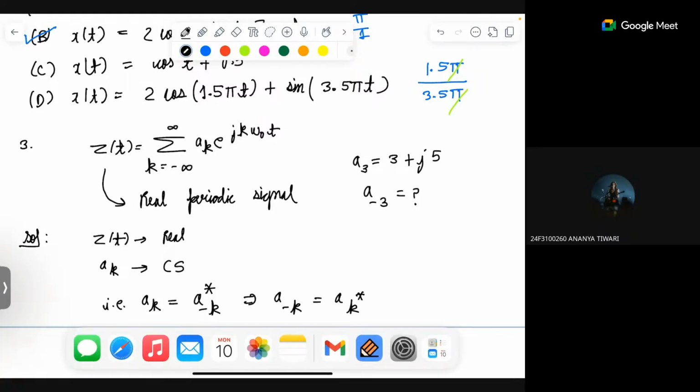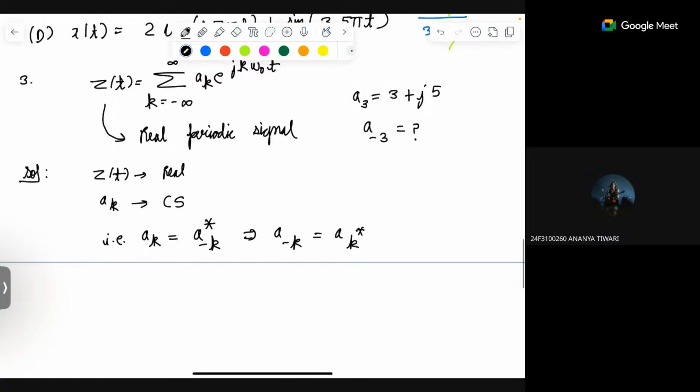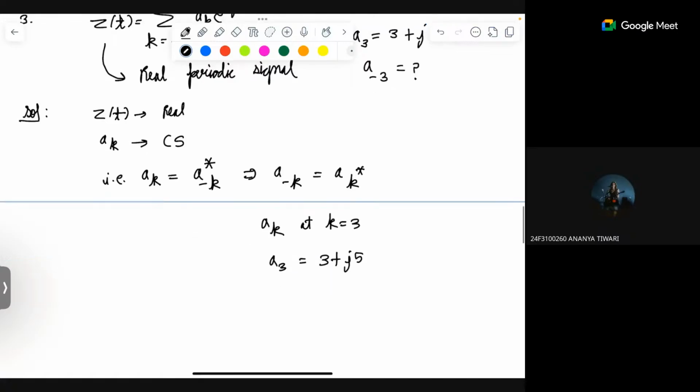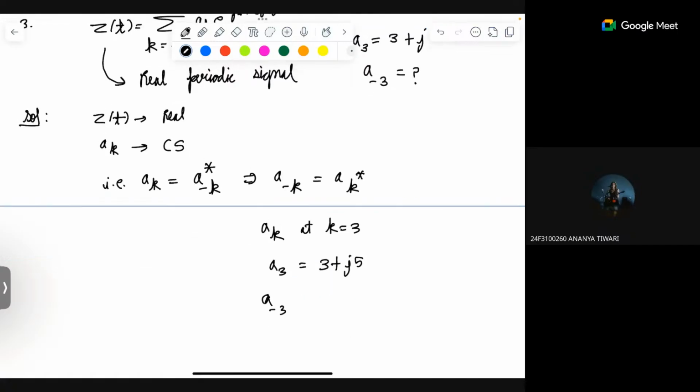Now a_k at k equal to 3, that is a_3, is given to be 3 plus j5. I want to find a of minus 3, so I will just simply conjugate this one. So it will be 3 minus j5 and that is my answer.